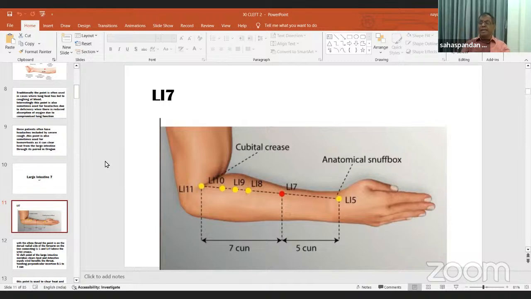Also facial paralysis and trigeminal neuralgia. These are the uses, the indications of this point. LI7 is also sometimes used for occasional pain in the abdomen upon large intestine, and sudden onset abdominal pain with diarrhea.